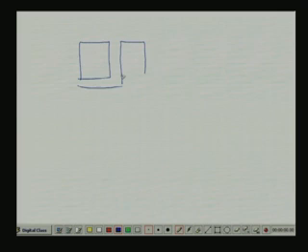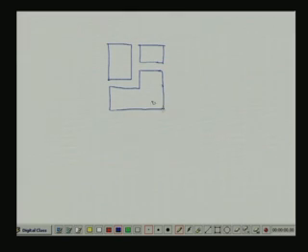I have a block that looks like this. Okay, let me take a new page. The block is there and, okay, here actually I will put the detector.